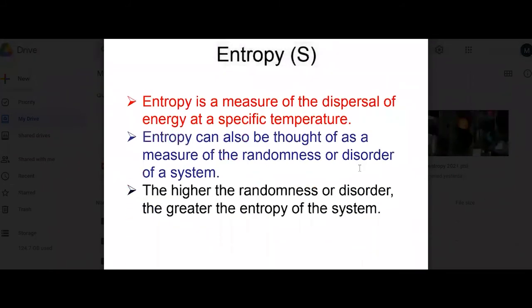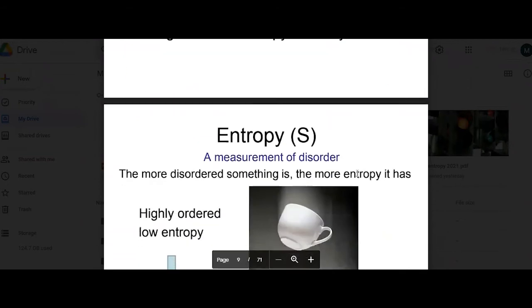So what is entropy? Entropy is a measure of the dispersal of energy at a specific temperature. It can also be thought of as a measure of the randomness or disorder of a system. The higher the randomness, the greater the entropy of the system.